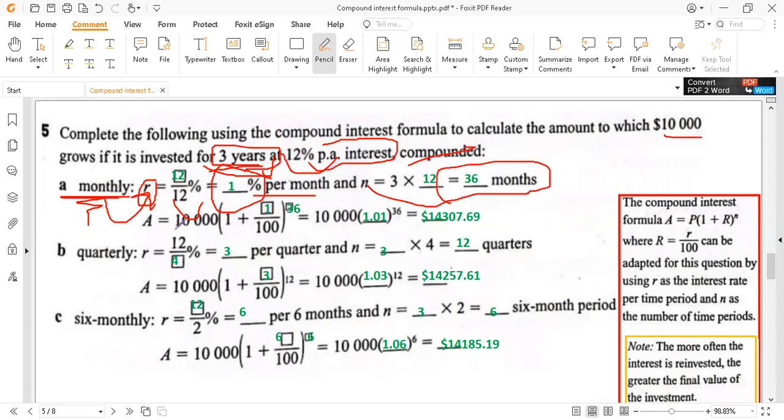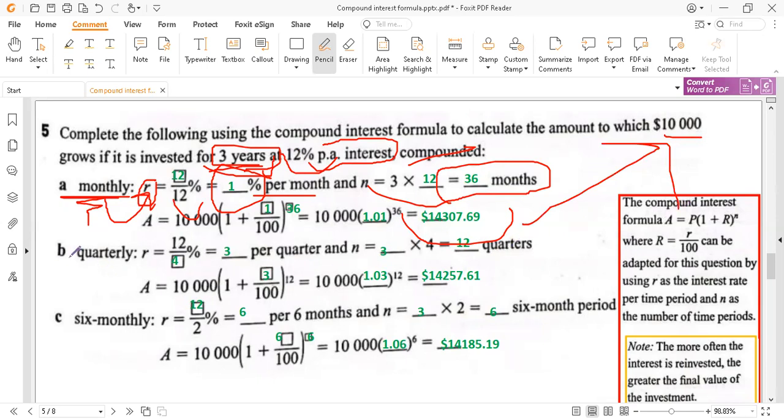So we convert both the rate and the compounding period into months, and we put them together in the same formula to obtain the amount. If we compound the interest monthly, after 3 years of investment, we will obtain 14,307.69 from $10,000.